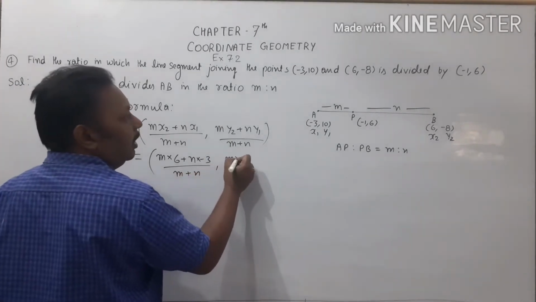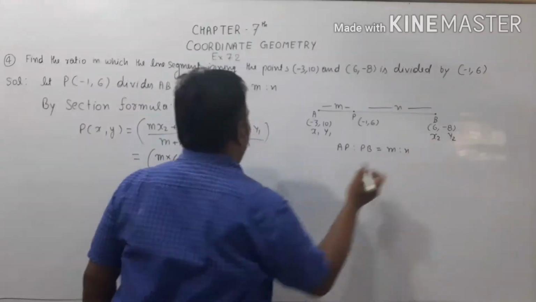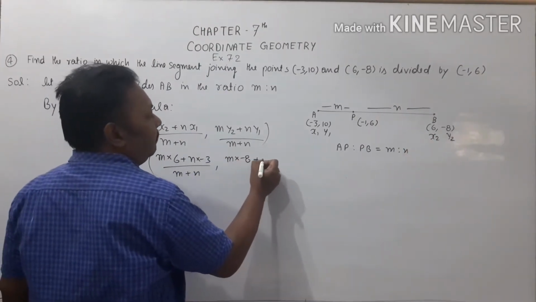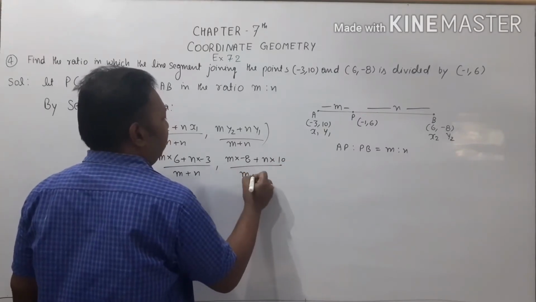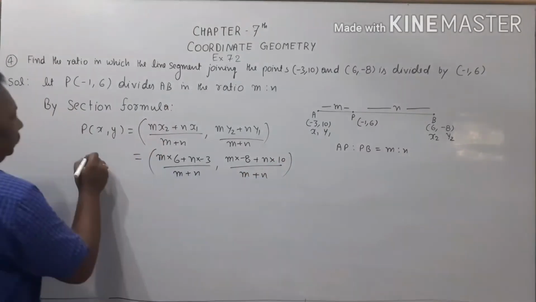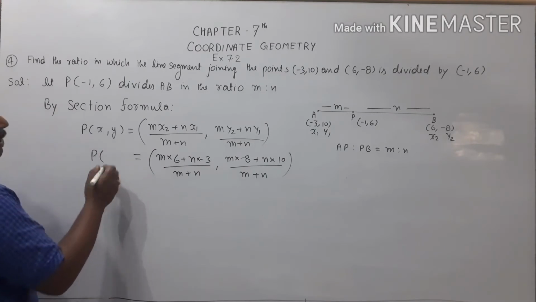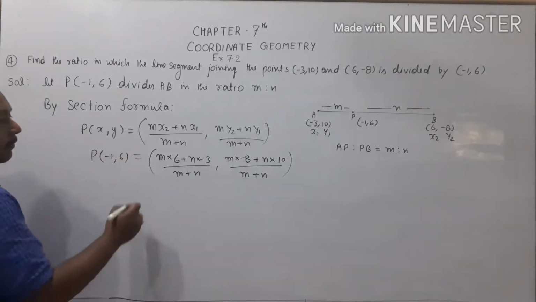The value of y2 is minus 8 and the value of y1 is minus 10, so (minus 8m minus 10n) upon (m plus n). We also put the value of P, that is minus 1 comma 6.